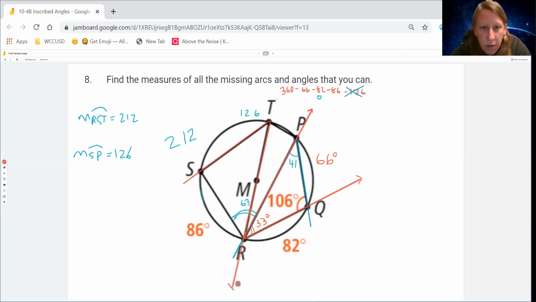How about that angle? Angle T. Do we know its intercepted arc? We sure do. It's half of 86, which is 43. So fun. Okay, this triangle is solved. This is 43. This is 63, this whole part.